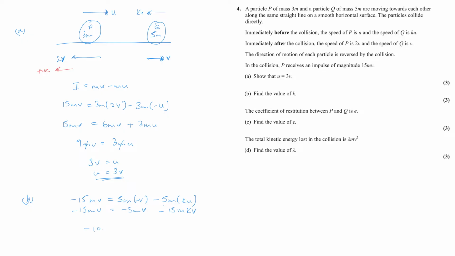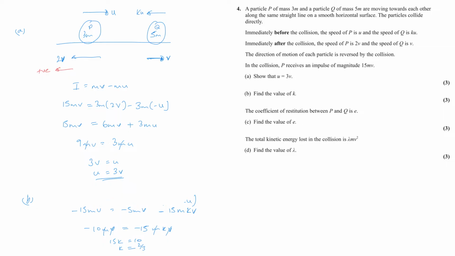So minus 10mv equals minus 15mkv. Cancel the m's and the v's. 15k equals 10, k equals 10 over 15, or 2 over 3. But alternatively, instead of dealing with all those negatives, you can just jump to positive to the right, and then you have a positive impulse.